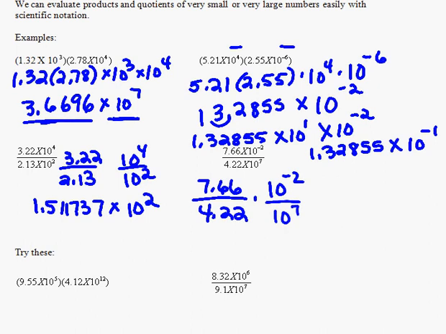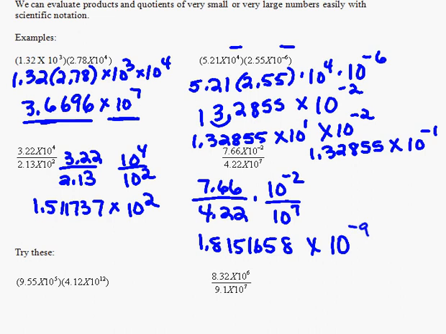Remember, the rule is you can take a negative exponent and move it to the bottom of the fraction bar to make it positive, or I can use my quotient rule that says subtract the top exponent by the bottom exponent when your base is the same. So 7.66 divided by 4.22 is 1.815165 times 10, and the power here is negative 2 minus 7, which gives me negative 9.